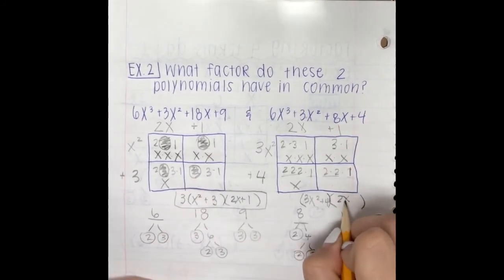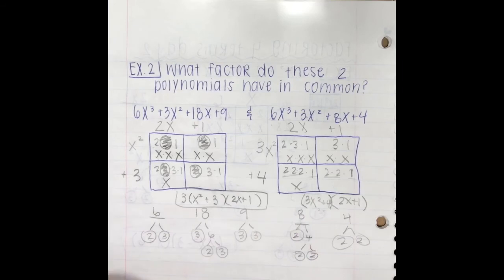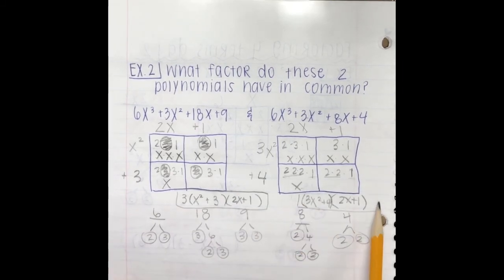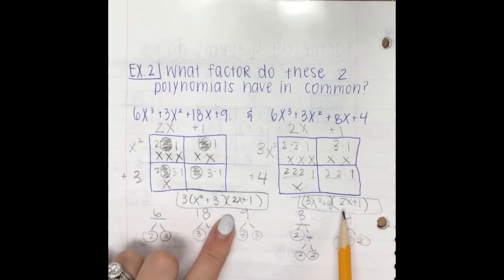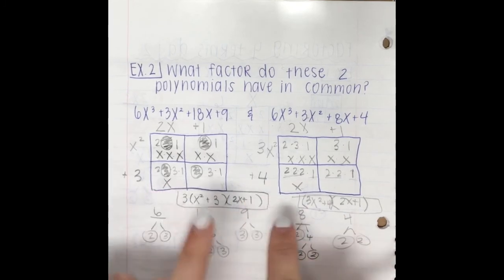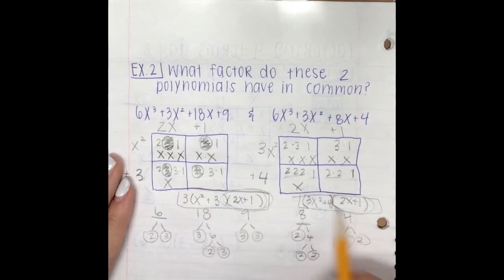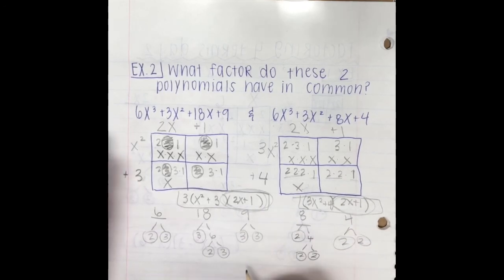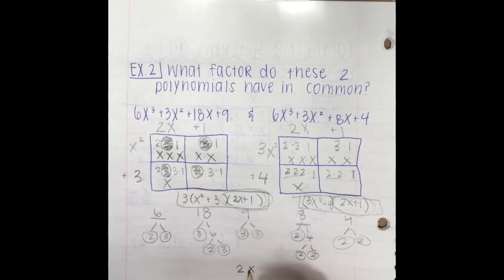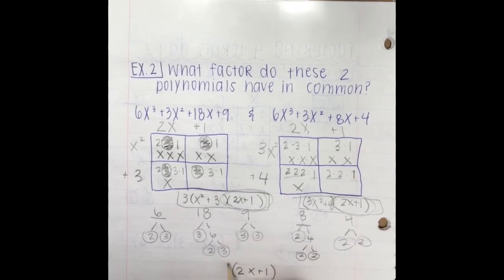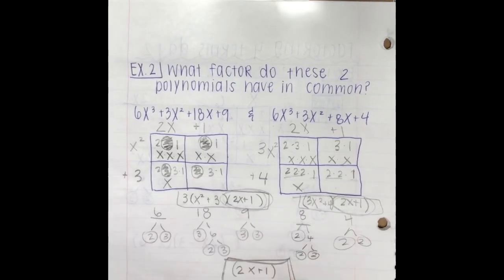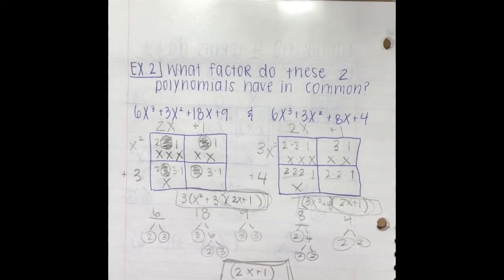So we get the factor 2x plus 1, which means these are our polynomials factored. The one that they both have in common would be your 2x plus 1. So that would be your answer. Okay, that is the factor that they have in common.